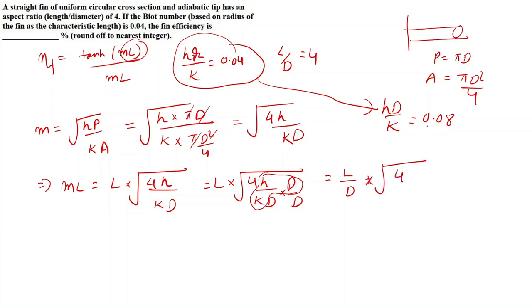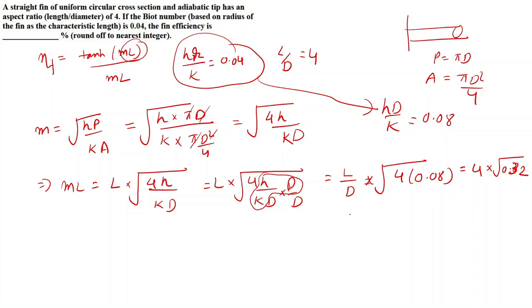Under root of 4 into hd upon k, I already have as 0.08. And L by D I have as 4. So 4 into under root of 0.32 is my mL.